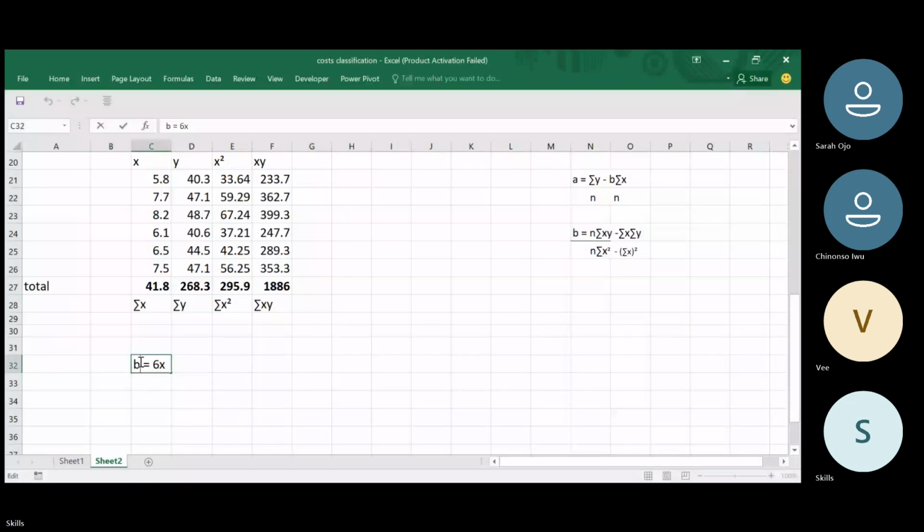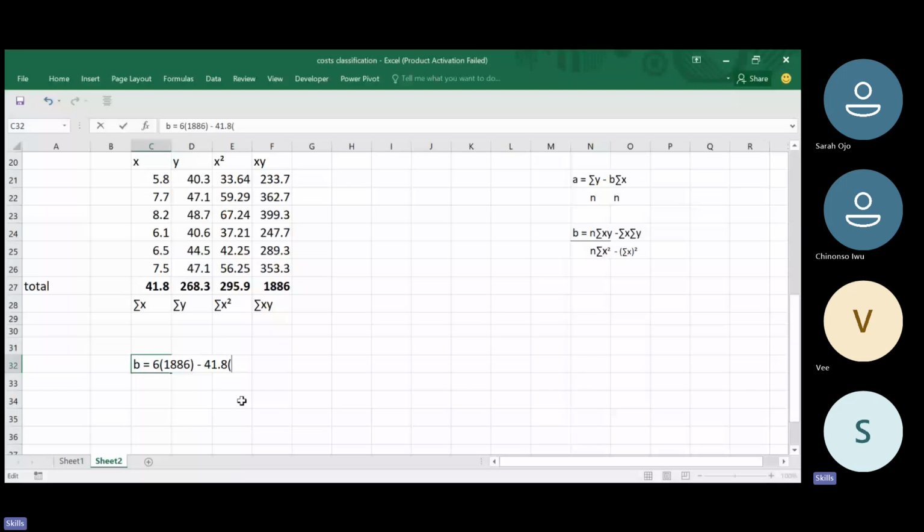So here we will have bracket 1886 closing bracket. Then minus summation x. What's the value of summation x? 41.8.